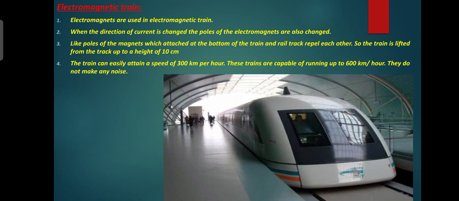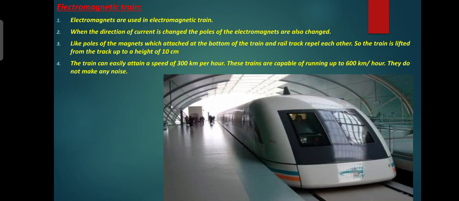By controlling the current, we can control the magnets and the movement of the train. As there are no moving parts, there is no friction. So the train can easily attain a speed of 300 km per hour.